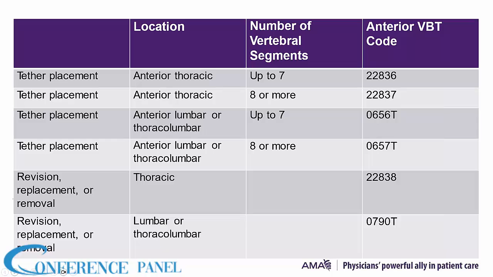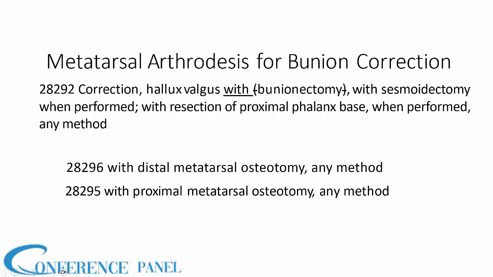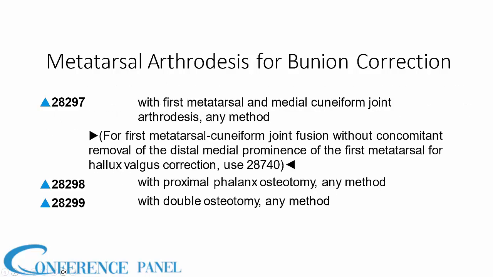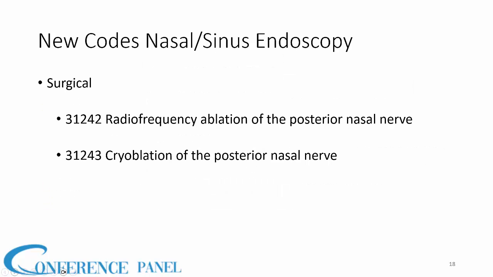Now we're going to look at the CPT code changes other than evaluation and management. The next thing that has changed are the bunion codes. Here are the rest of them, all again revised. In the respiratory system, we have two new codes for endoscopic ablation in the nasal sinus area.